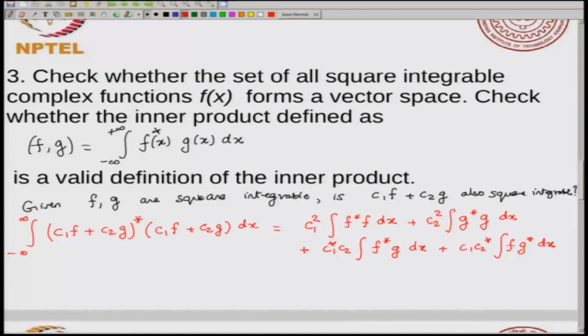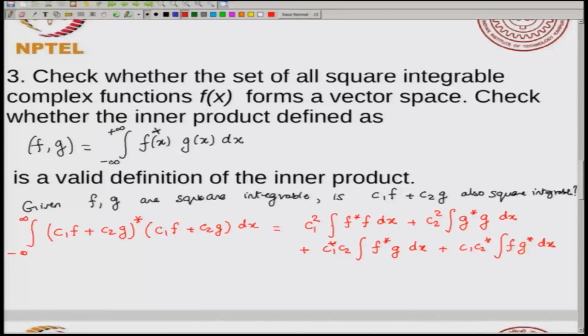Now the first two terms are clearly less than infinity. Since it is square integrable, the integral of f star f and the integral of g star g will both be less than infinity.